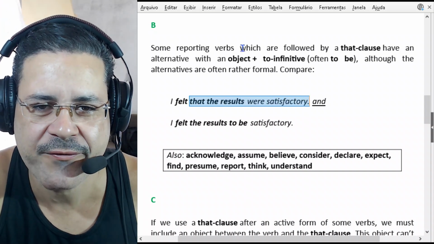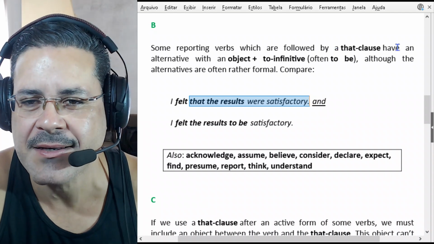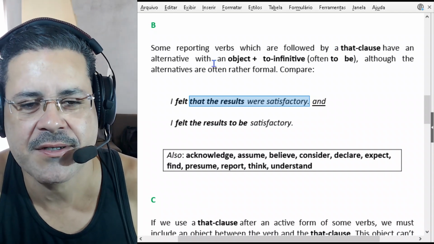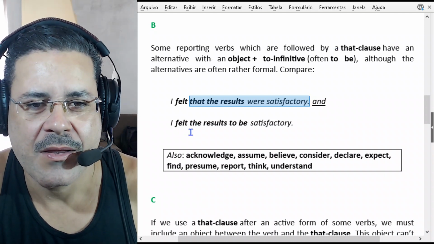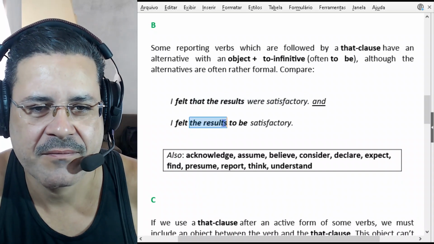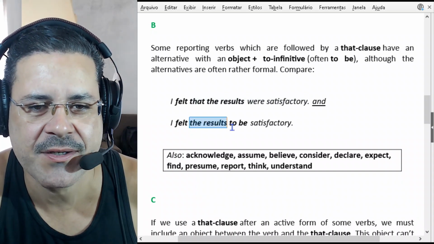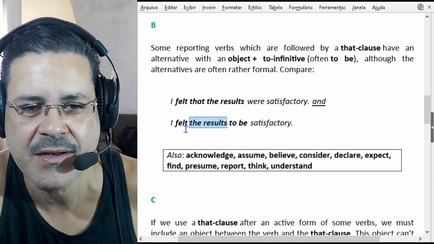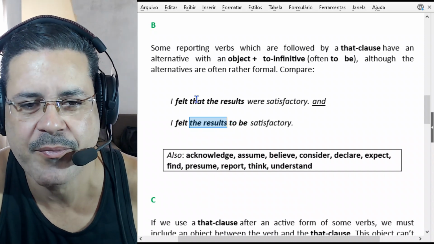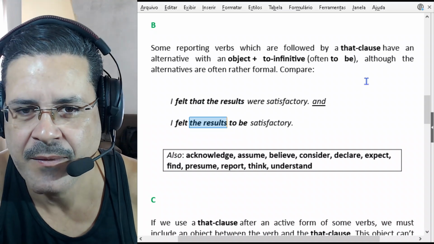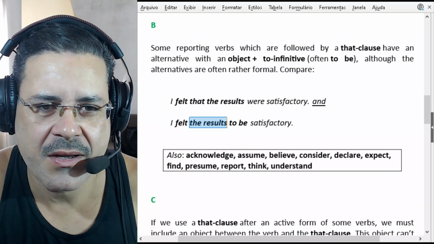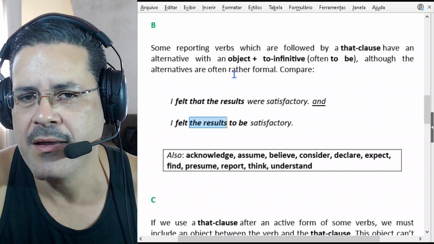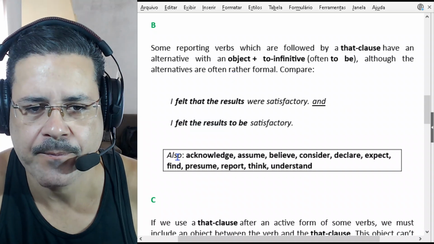Some reporting verbs which are followed by a that clause have an alternative with an object plus to infinitive. An object, I found the results, plus to infinitive. This is an alternative to the previous sentence. Although the alternatives are often rather formal, compare.